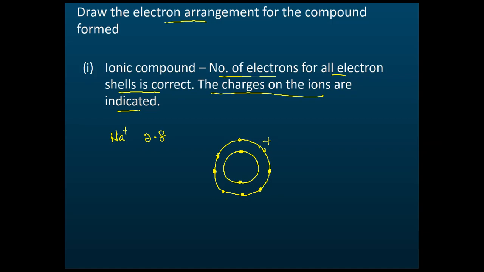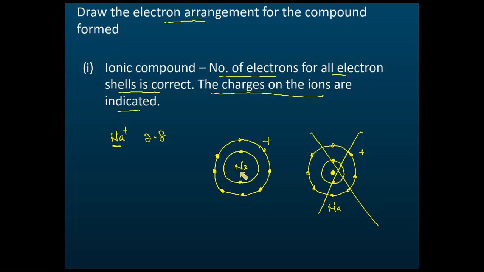Now, according to the new mark scheme, the sodium you must put in the middle, without a circle. Don't draw this circle. Just the label in the middle, and you must put it in the middle. So the symbol of the element, you must put in the middle without a circle.